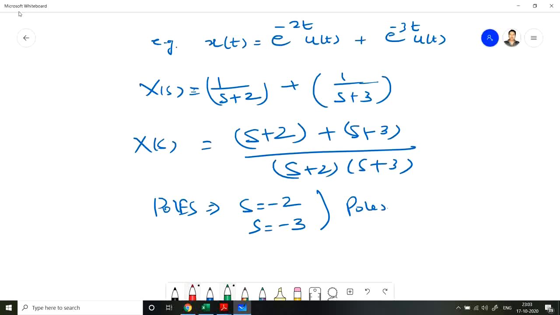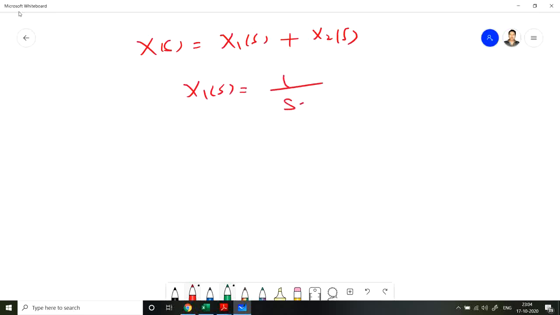Now what is the ROC for this Laplace transform? We have X(s) equals X1(s) plus X2(s), where X1(s) is 1 divided by s plus 2, and since it is a causal signal, the ROC is real part of s greater than minus 2.